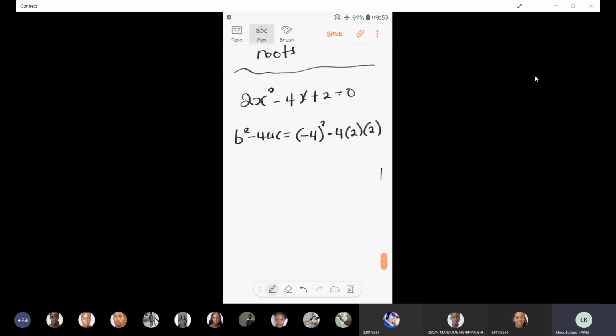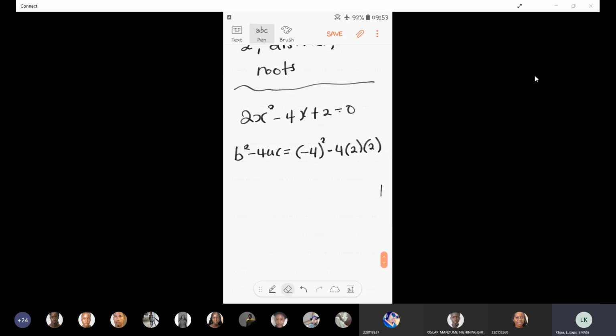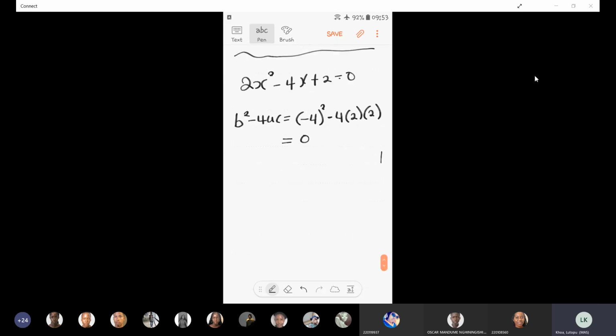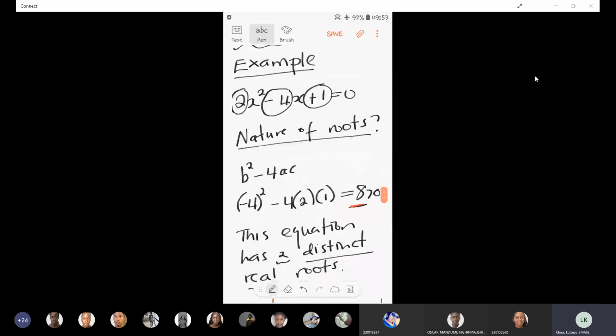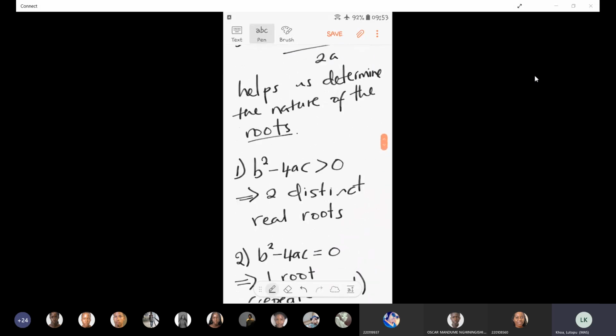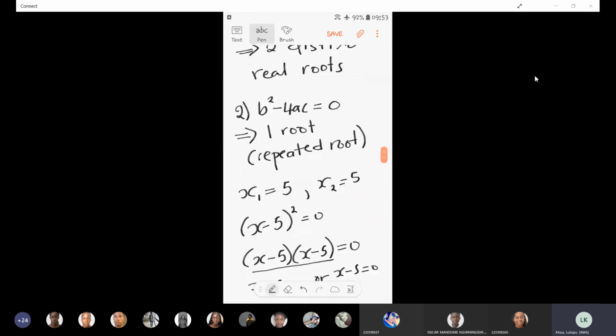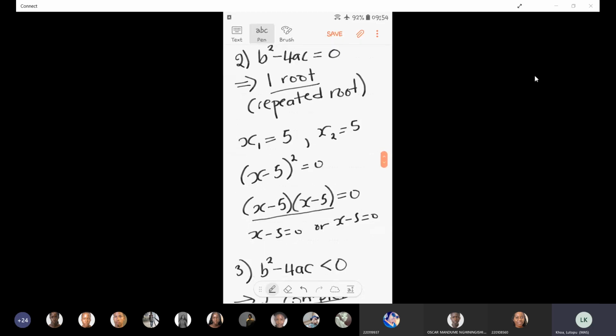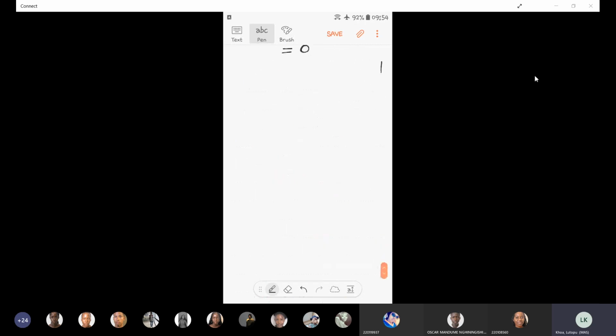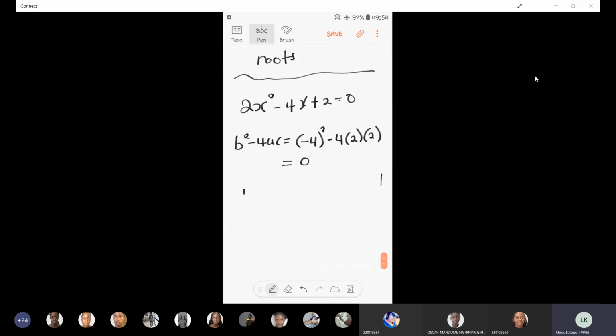So I have negative 4 squared, that's 16, and 4 times 2, 8, times 2 is 16. So I have 16 minus 16, which is equal to 0. And when my discriminant is equal to 0, remember back over here, we said it means I have one root only. This is a real root, by the way. So I have one real root.